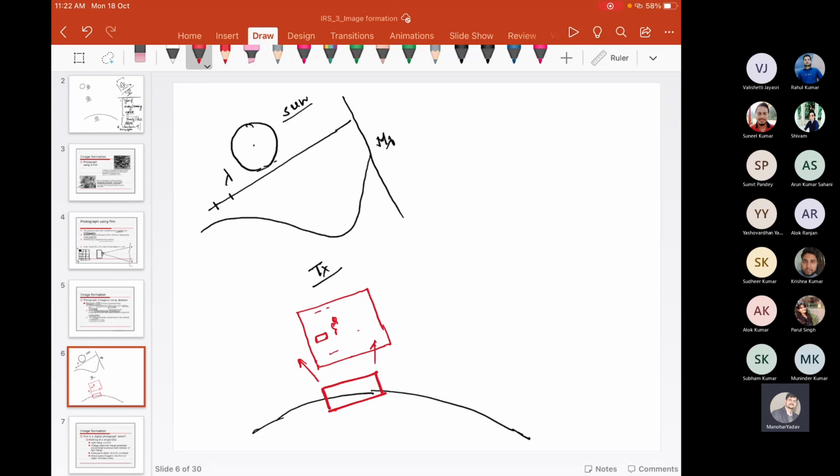Now that energy is redistributed into many forms: part of the energy is reflected back, and the remaining part is either transmitted or absorbed. On the basis of reflection, there is a reflected energy component, and absorption or transmission is responsible for the rise of temperature.